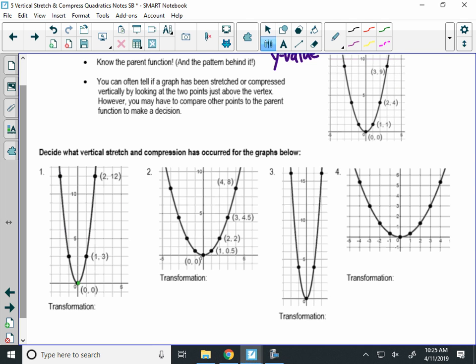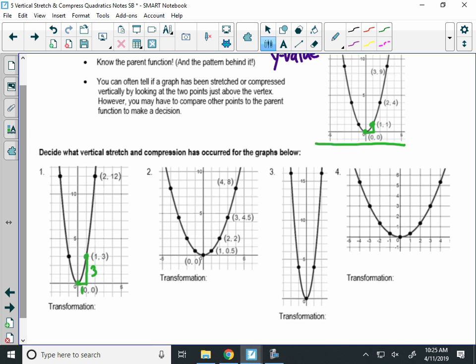When I look at the vertex and the first point right here, in the parent function, I'm looking up here, I start at 0. If I go out 1 to the right, I go up 1 and hit a point. Well, in this graph, I went out 1 to the right, but up 3.